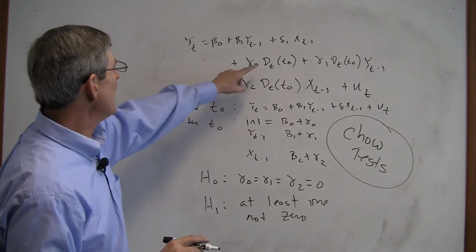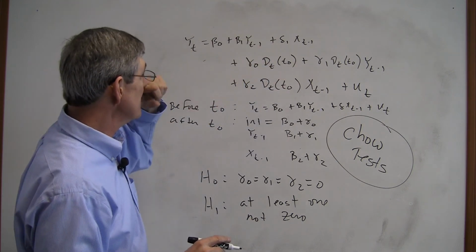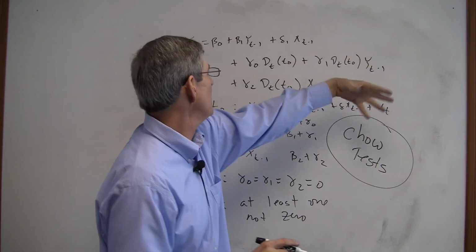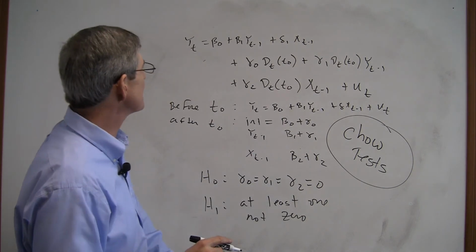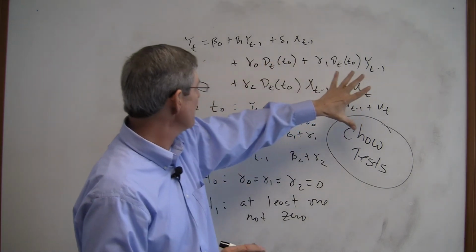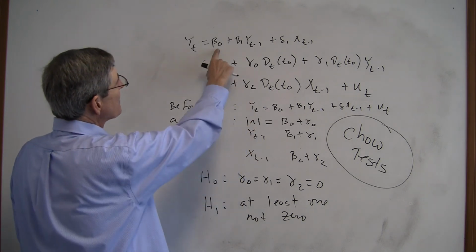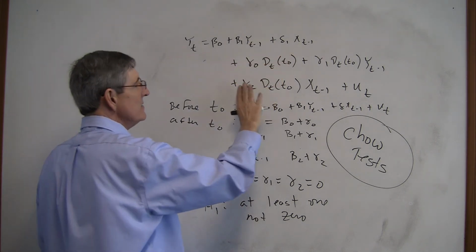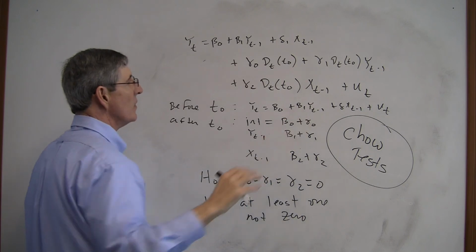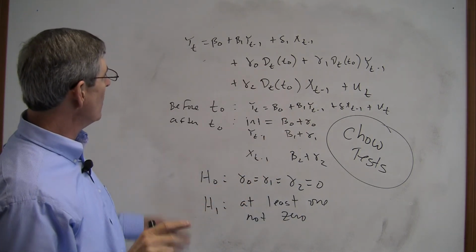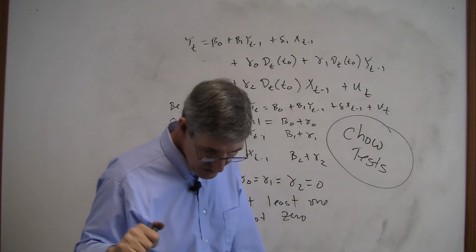You can extend this: if you had a yt minus 2, you'd have a gamma 3 dt yt minus 2, and so on, so you can keep adding dummy variables to allow different breaks. If you only thought the break was in the constant and you had a good reason to, you could leave out the other terms. But this is a general way that you would use the F-test approach.